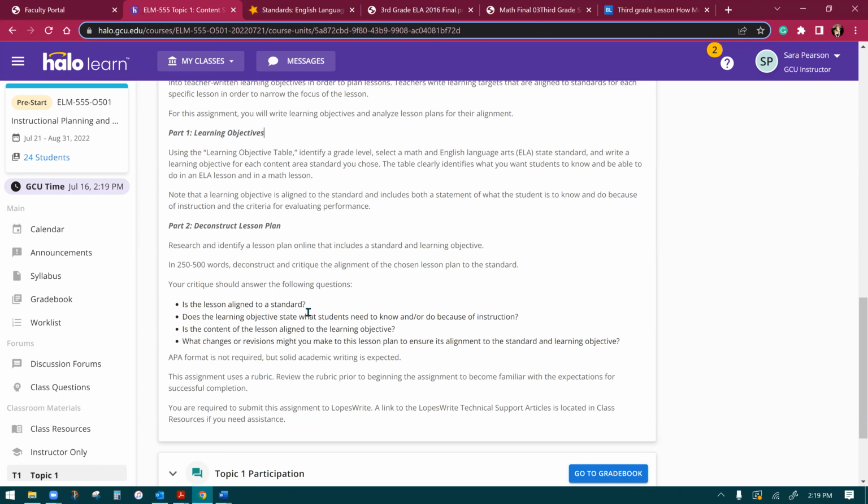And what changes or revisions might you make to ensure its alignment to the standard and the learning objective? So you can add in more items. Maybe they needed to get out the square tiles and tile those triangles to figure out what the area was, or you might give some recommendations to expand if it already is well aligned.